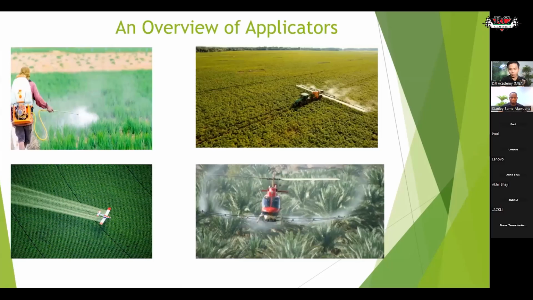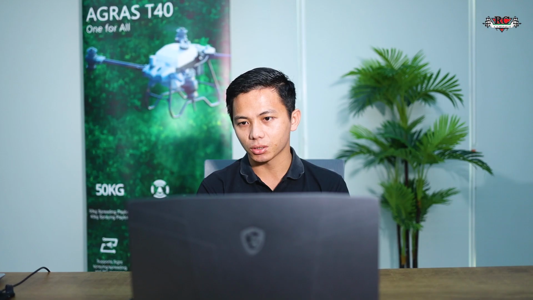So look at the number one picture, and then later we got the tractor. If you want to cover more acres, for example finish your 100 acres in one day, then you will have to use more technology. They go with the tractor boom sprayer, and in some countries like the United States or in some African countries, they go with planes.